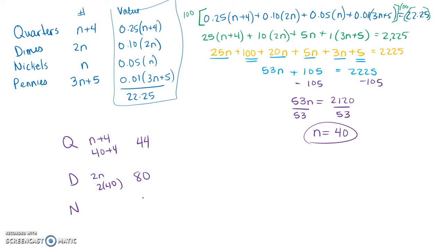For nickels, well, we already answered nickels. Nickels were just n, so that is 40 nickels. And then pennies were 3n plus 5, or 3 times 40, plus 5. 3 times 40 is 120, plus 5 more is 125. So these are my final answers.